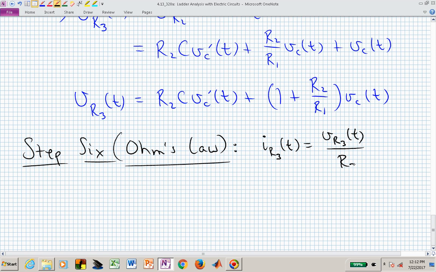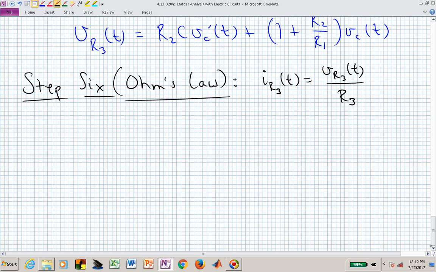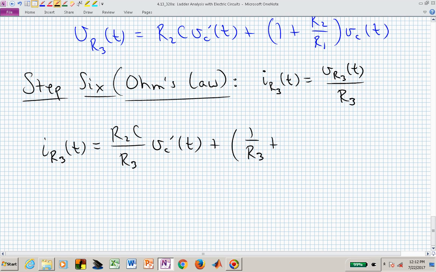There's not that big of a jump in any particular computation, and now I sub R sub 3 of t becomes 1 over R sub 3 scaling the result from step 5, or we now have R sub 2 C over R sub 3 V sub C prime of t plus 1 over R sub 3 plus R sub 2 over R sub 1 R sub 3 V sub C of t.